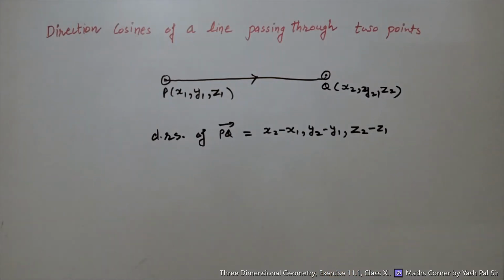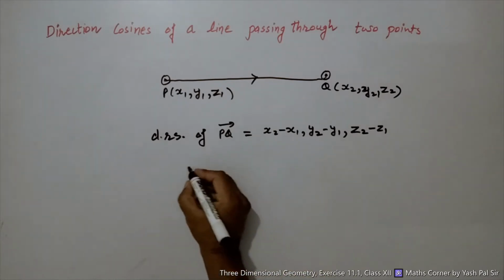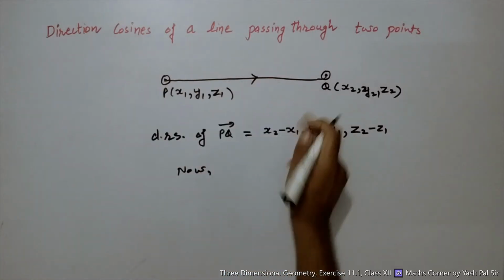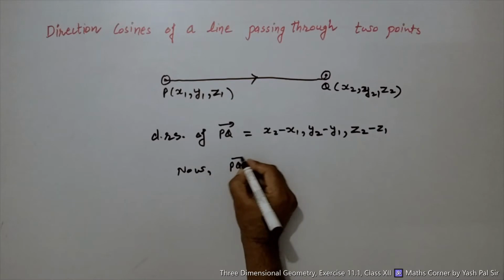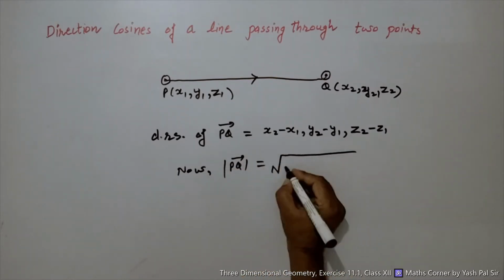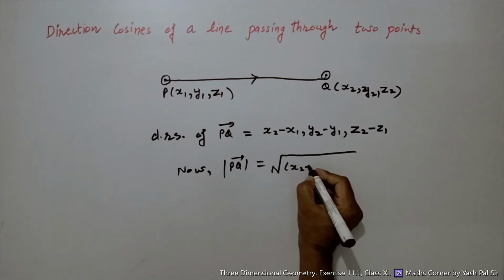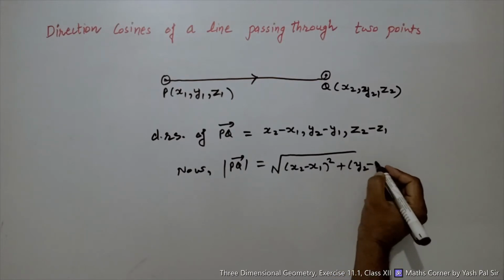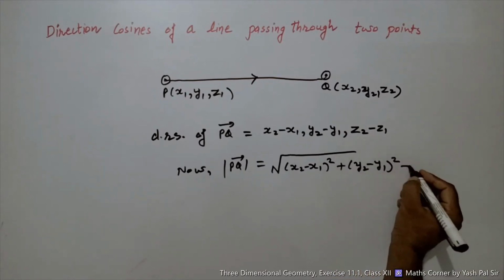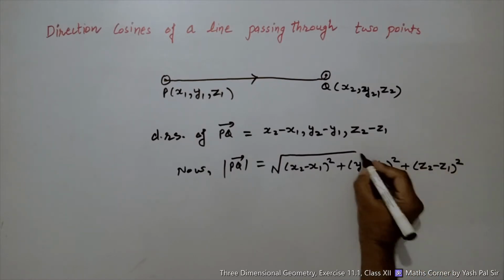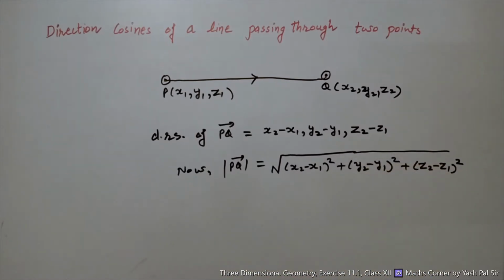So here we are required to find the direction cosines. For this purpose we find the magnitude of line segment PQ. PQ, the magnitude will be equal to square root of x2 minus x1 whole square plus y2 minus y1 whole square plus z2 minus z1 whole square. So this is PQ.